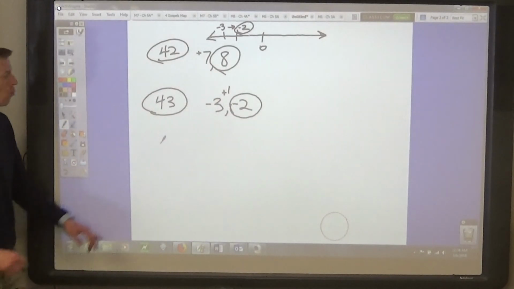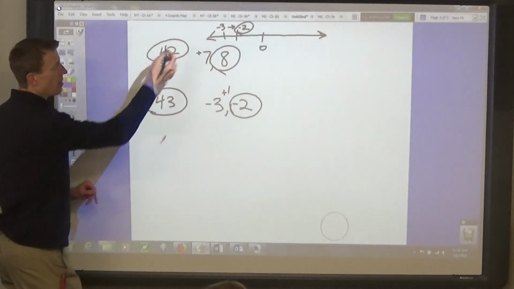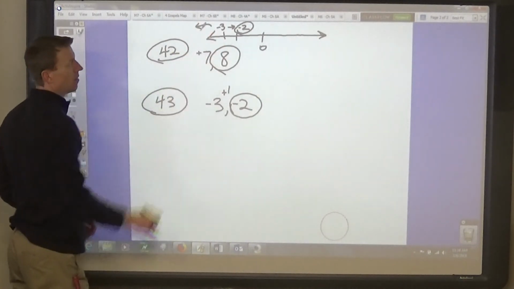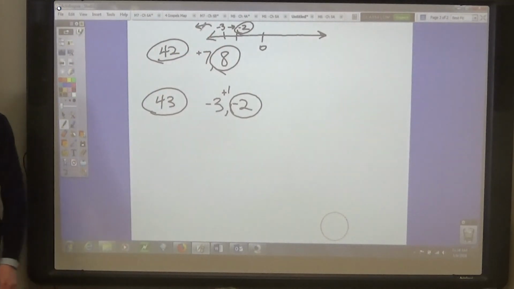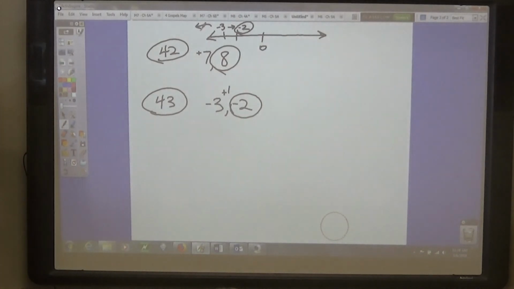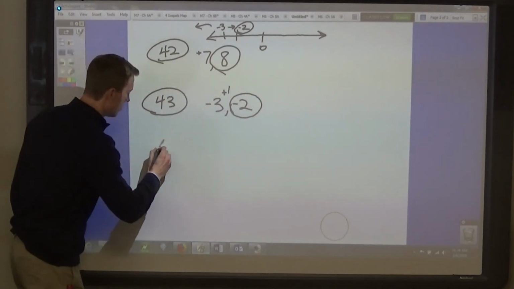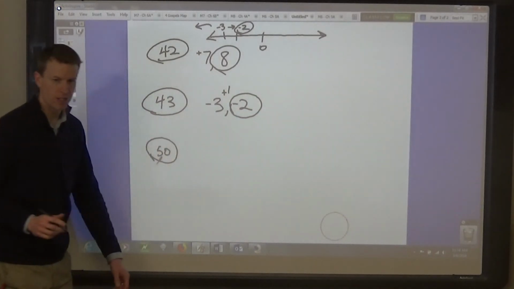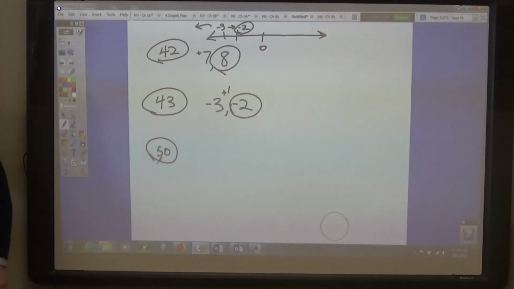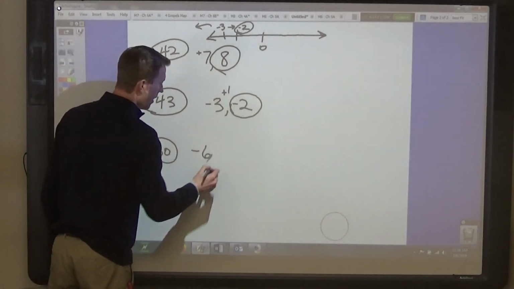Now, that means that 1 less is 1 to the left on a number line. So when you go to number 48, or let's say you go to number 50, because that's one of the ones you have to do. 1 less than -6.